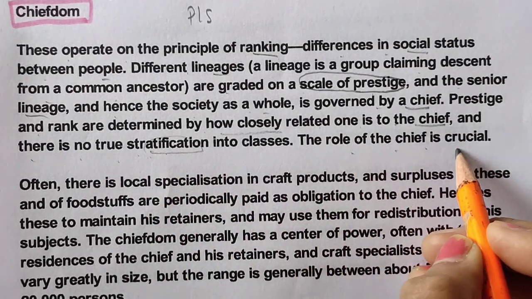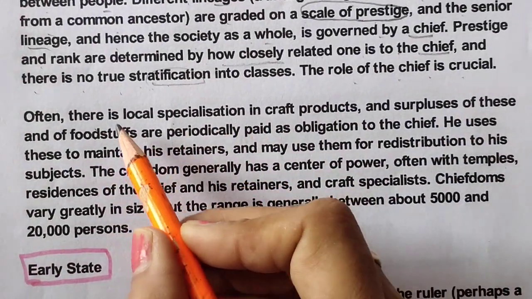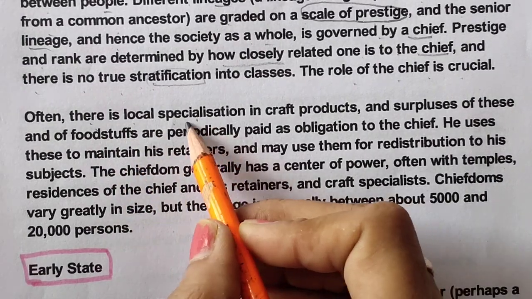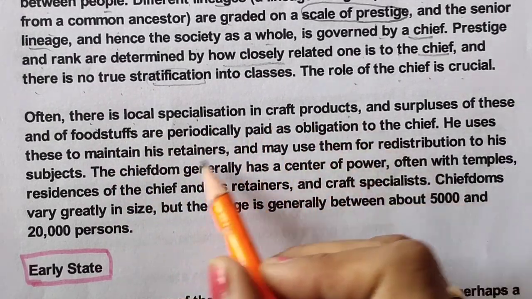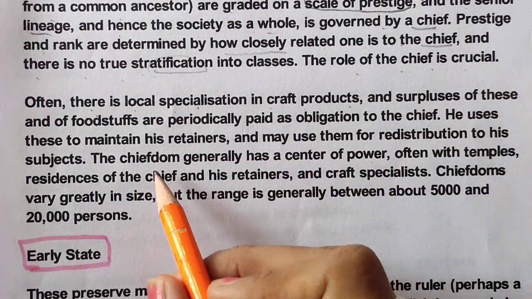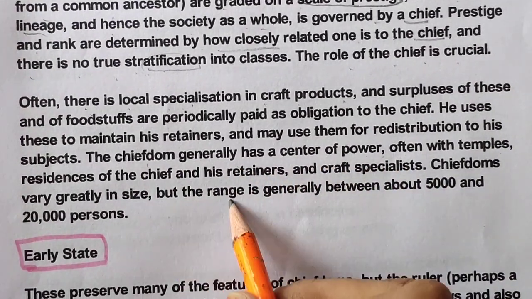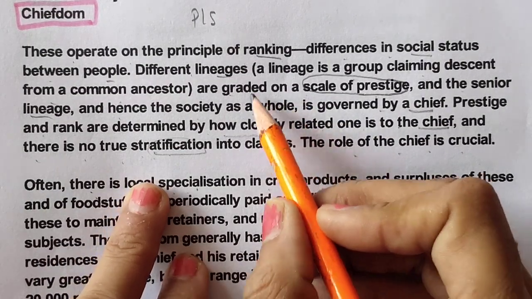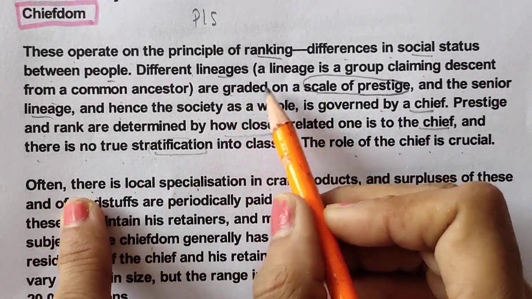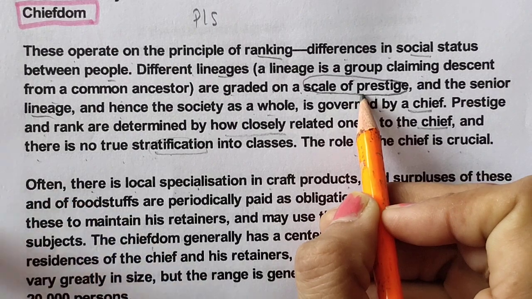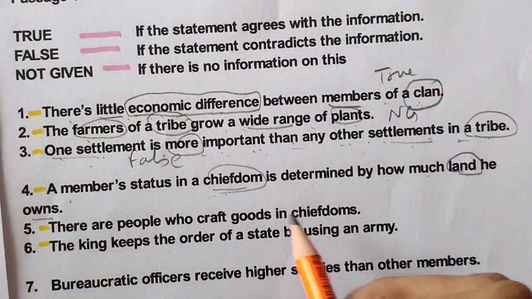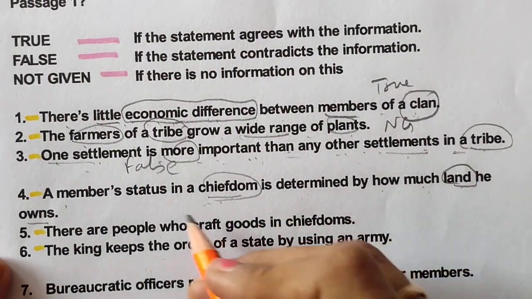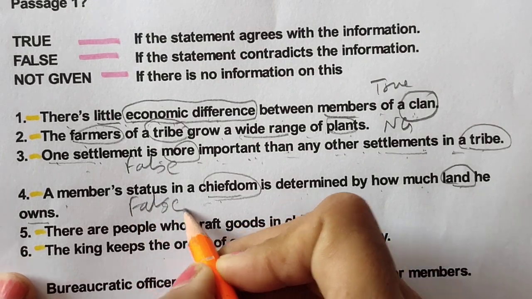The role of the chief is crucial. There is local specialization in craft products. You can read it, but in this paragraph I have found nothing about land. In fact they are saying they are graded on a scale of prestige, not the land. So we can put this false.